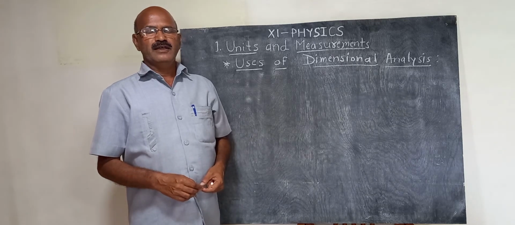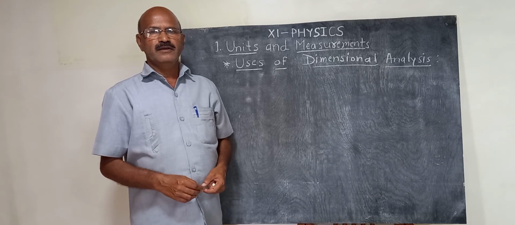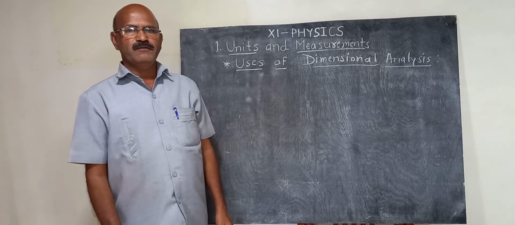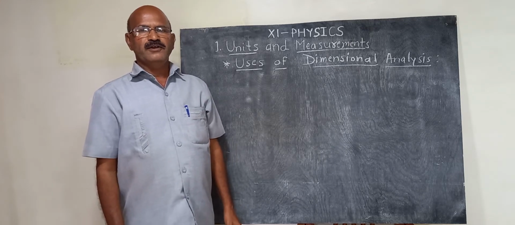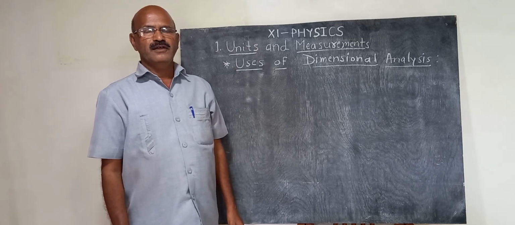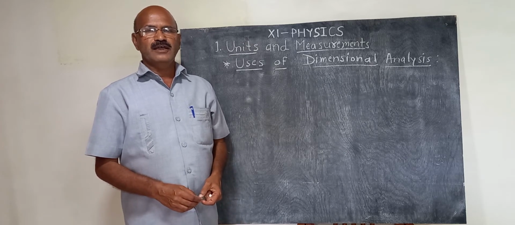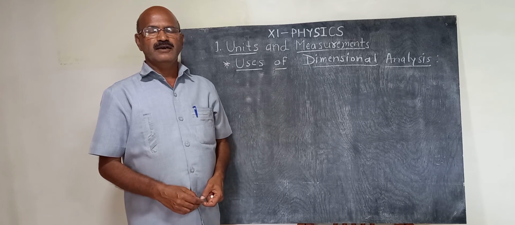And a dimensional equation is an expression which gives the relation between derived units and fundamental units in terms of dimensions, and is called a dimensional equation or dimensional formula.